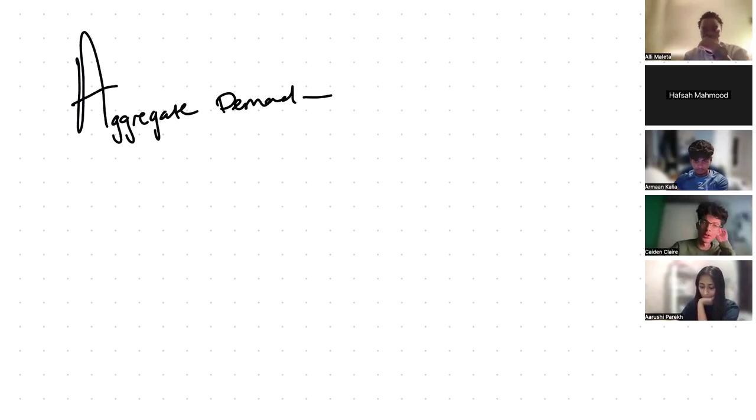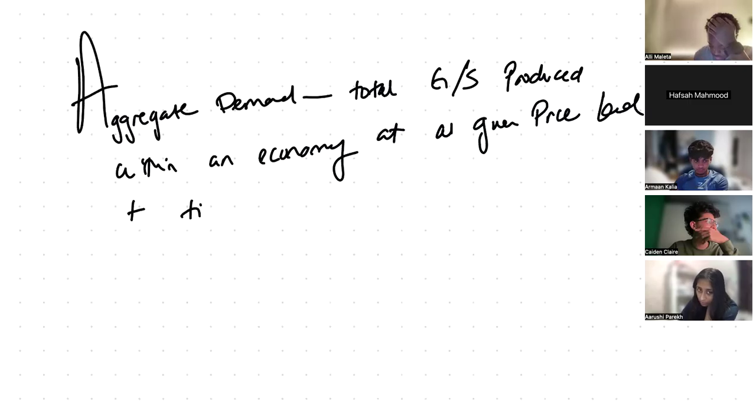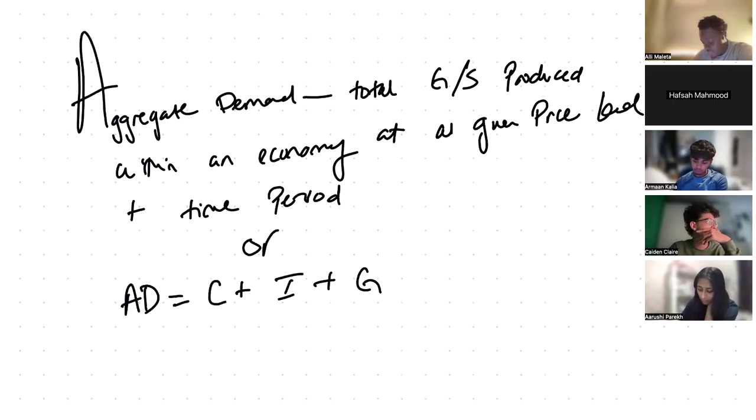It's like the total demand for goods and services in an economy. Yeah. So it's going to be total goods and services produced within an economy, at a given price level and time period. Or another shortcut way is we say it's literally C plus I plus G plus X minus M.